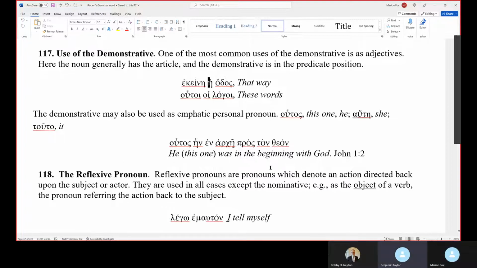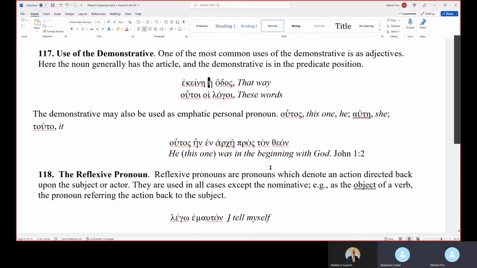Yeah, it's implied. Okay. Here in this case, some words, if it's one of a kind, if it's unique, it doesn't need the article to be definite. How many beginnings are there for anything? One.